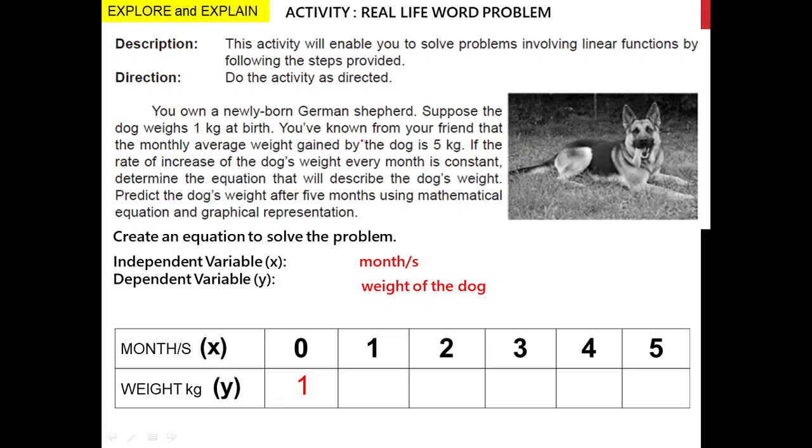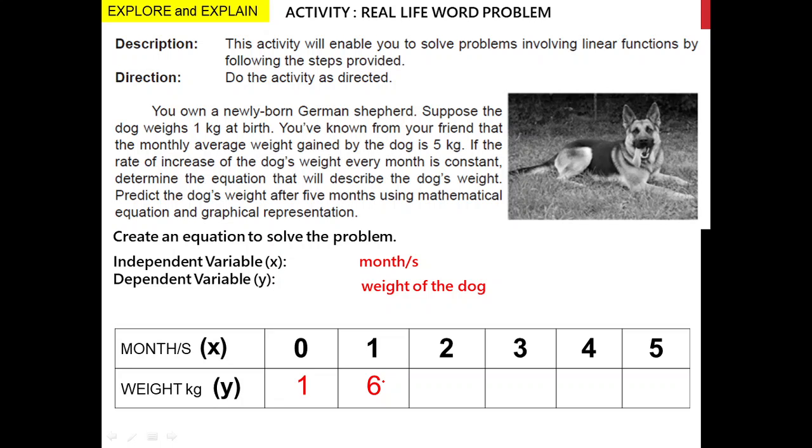Now, it also states that based on the friend, the dog has an average monthly increase of 5 kilograms. So on the first month, from 1 kilogram, it increased 5 kilograms, so the weight of the dog on the first month is 6 kilograms.